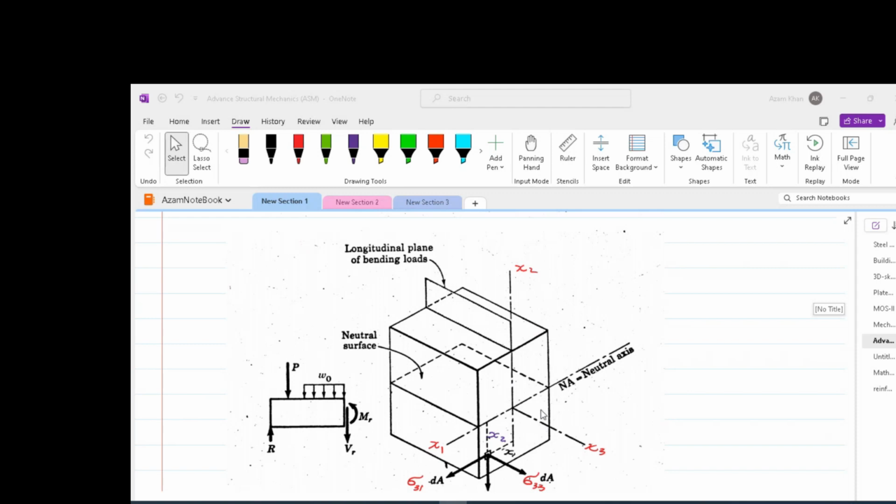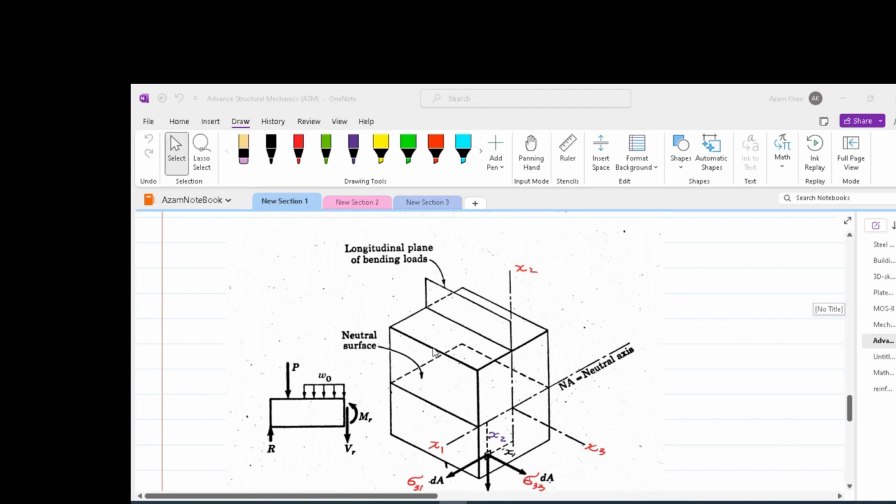Please notice that we have a neutral axis, and a neutral surface, which is the surface containing the neutral axis, and that is in the x1, x3 plane. We have the loading plane, which is the longitudinal plane x2, x3. This loading plane is perpendicular to the neutral surface.